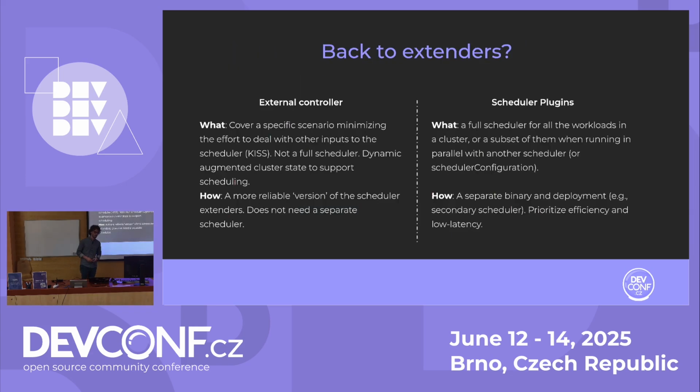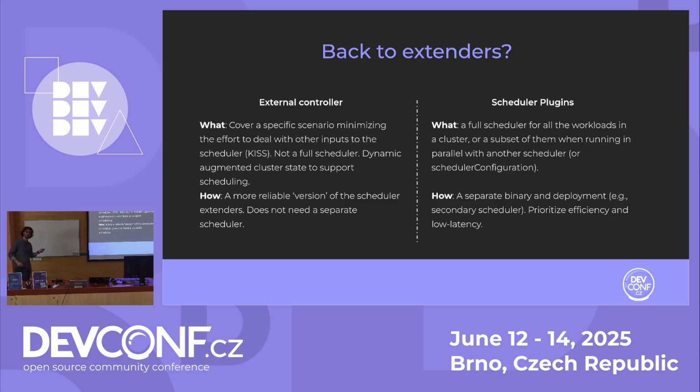If you think about it, we are slightly controlling the scheduling problem from an external controller. So are we back to extenders somehow? Well, yes, we are creating these dependencies between the scheduler and another controller, and also between a controller and an image registry, which is even worse sometimes.